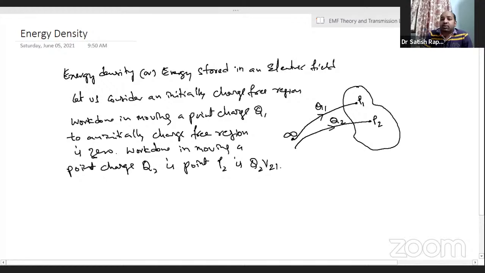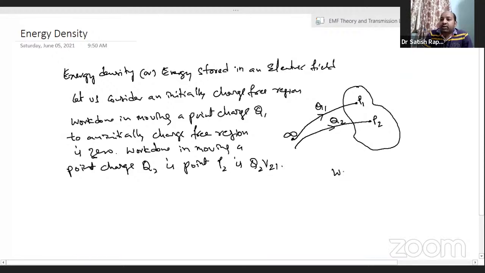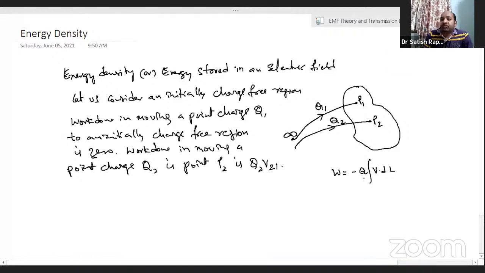So this is the work done in moving a point charge Q2. That's because we know that the work done W is equal to minus Q integral E dot dl. So this is the work done, and we have seen this earlier.